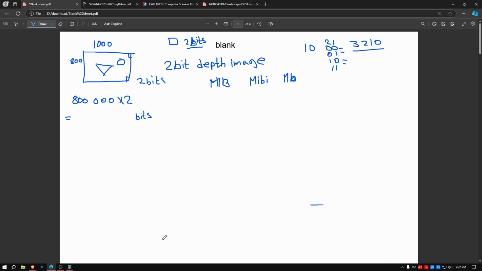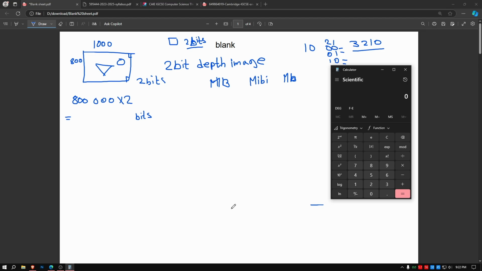So my bad, not the date. We use the calculator. Take out your calculator, and so 800k into 2. This is the number of bits, 1,600,000. So number of bits, now we divide this by 1024. This is the first division, we get kilobits.